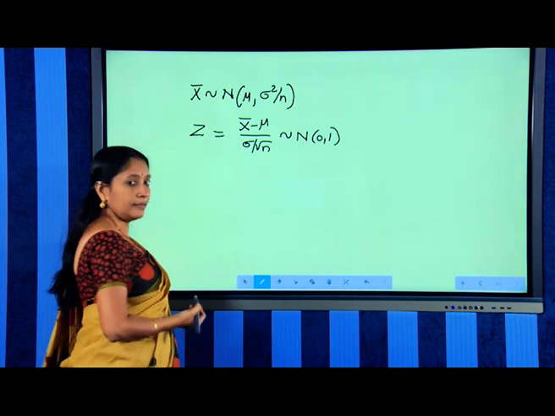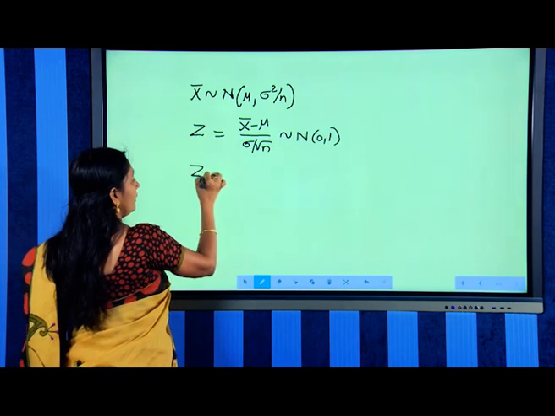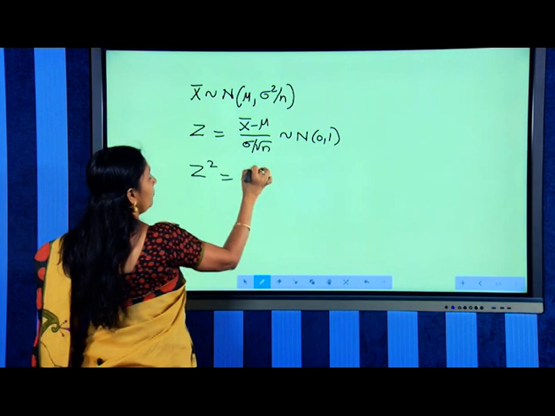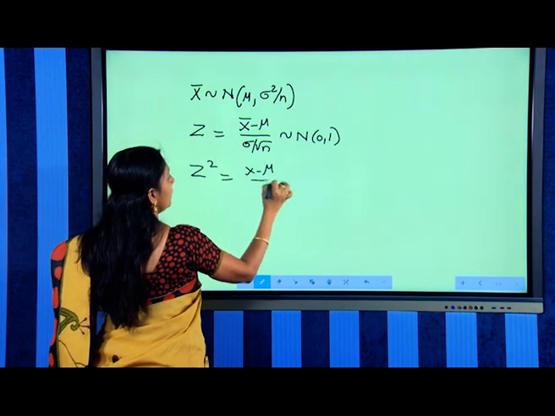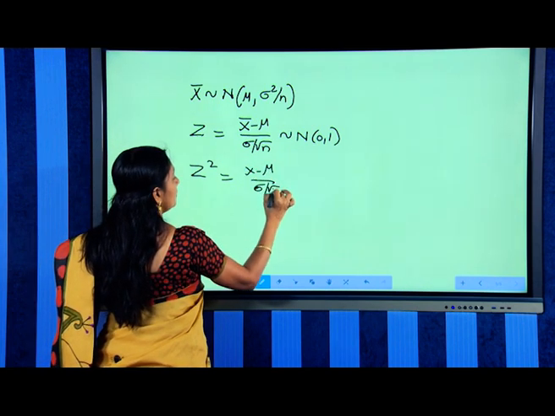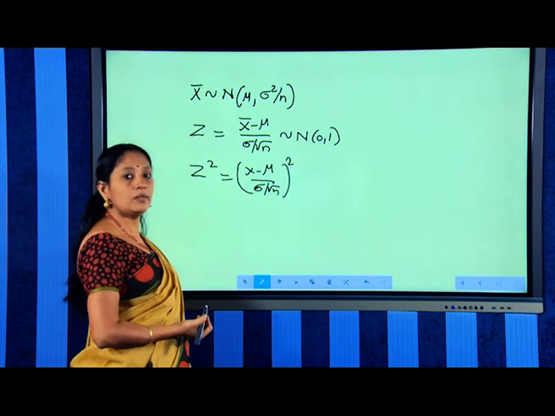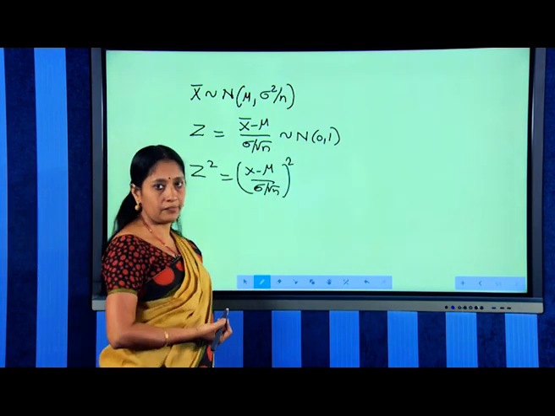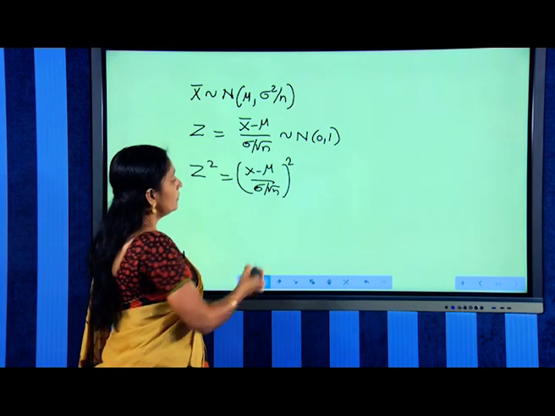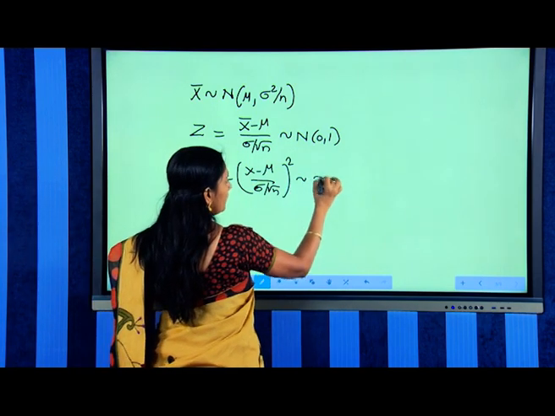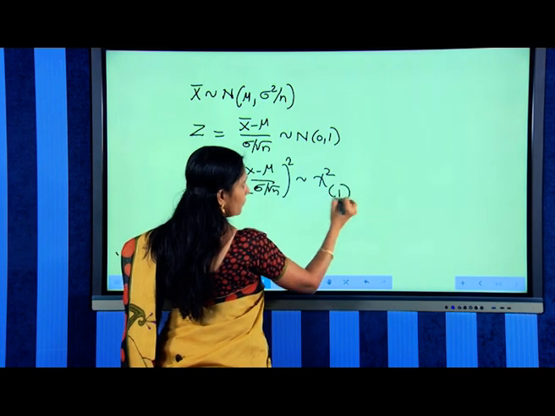Now, if we consider the square of this random variable z square, it will be x bar minus mu by sigma by root n the whole square, which is the square of a standard normal random variable, and it follows chi-square with 1 degree of freedom.